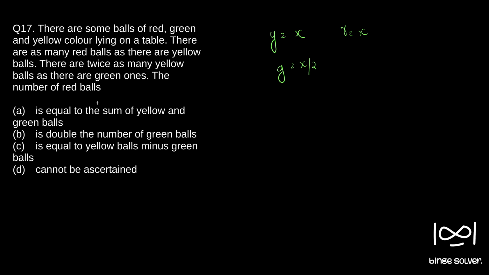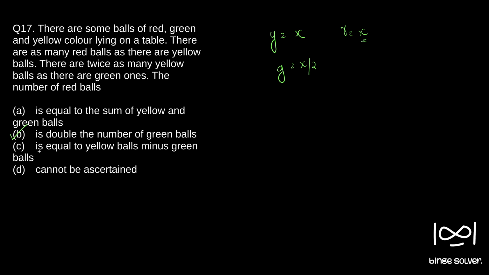Now they are asking about the number of red balls, X. Is it equal to the sum of yellow and green balls? No, wrong. X plus X by 2 is not equal to X. Is it double the number of green balls? That is true. B is correct, so this is the correct answer.